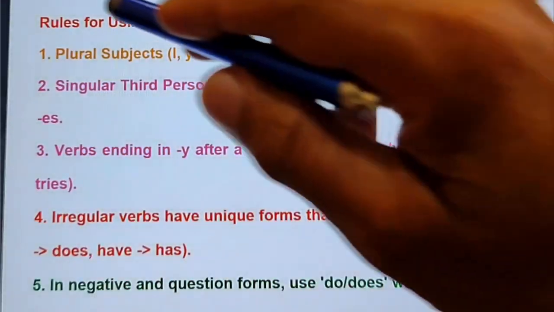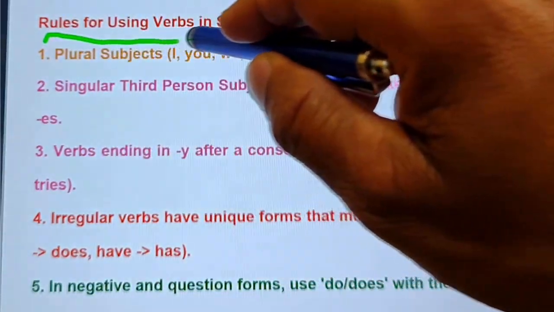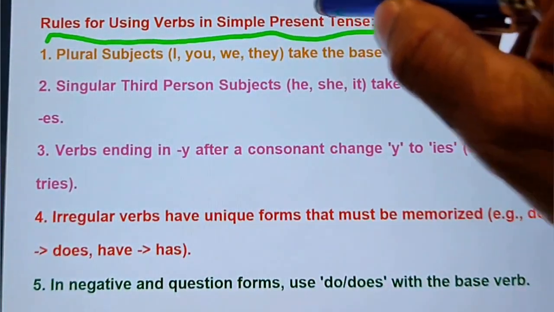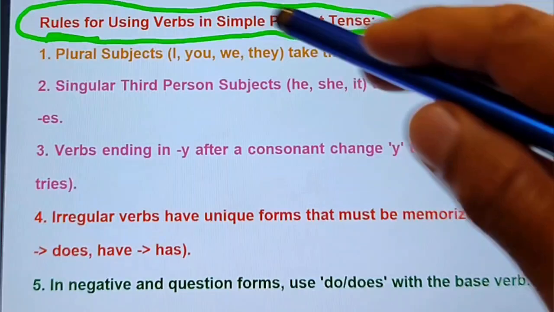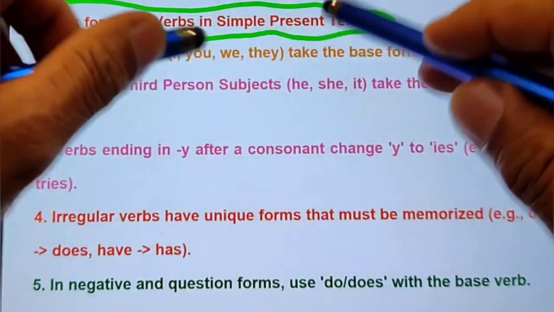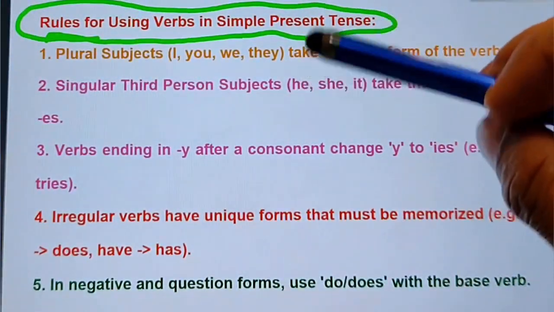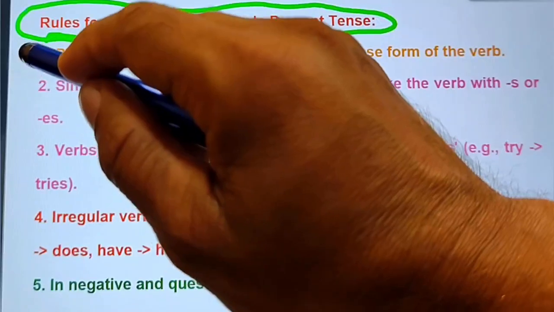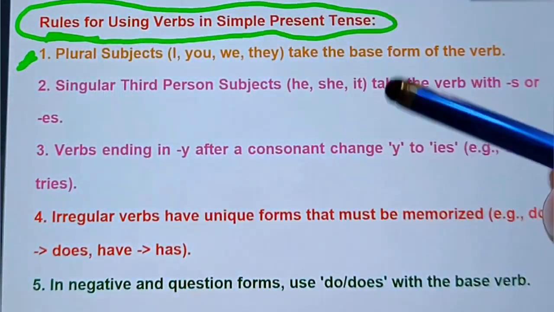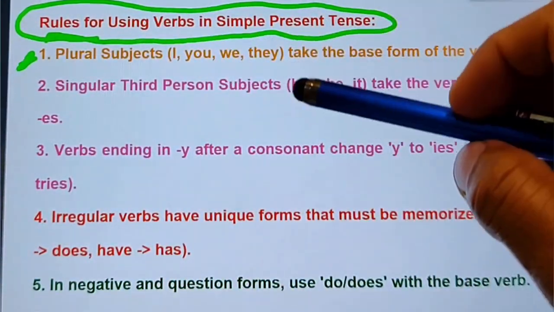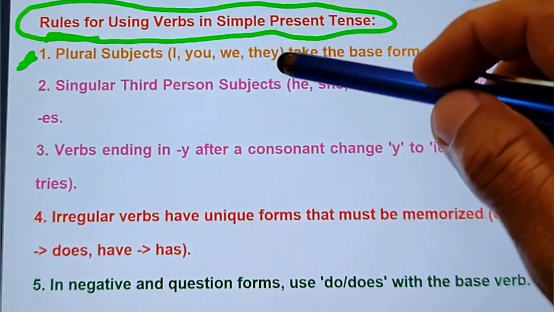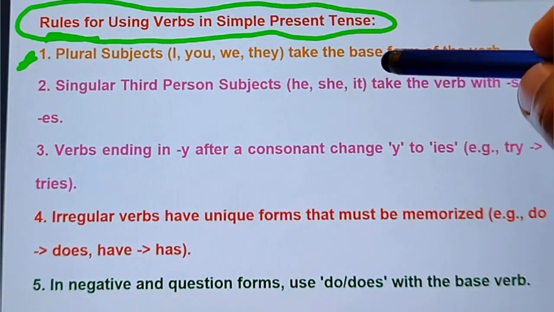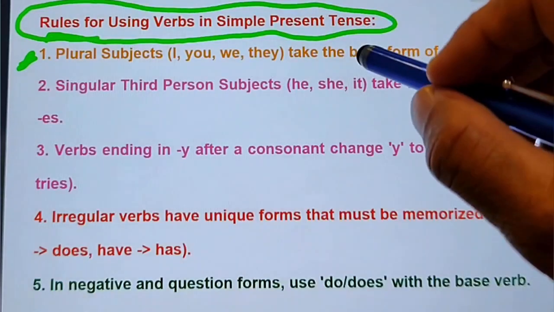Let's further describe the rules for using a verb in simple present tense. So what is the rule for using a verb in simple present tense? First rule here, plural subject. When we have in a sentence I, you, we, they, take the base form of the verb.